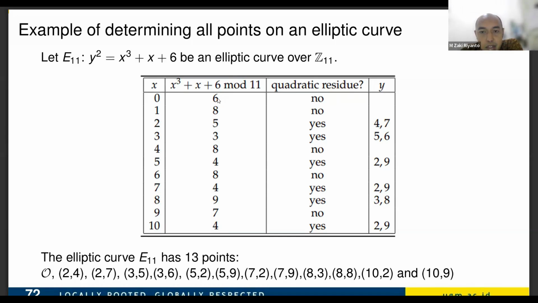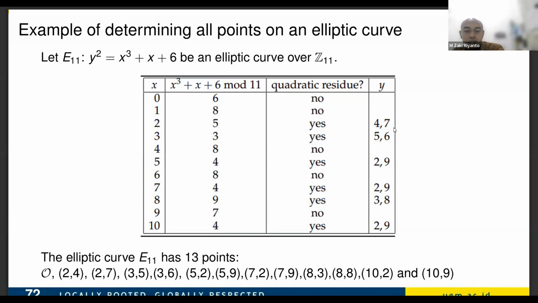Okay, 6 is no, 5 yes, because 4 squared is 5, and 7 squared is also 5. And 3 is also a quadratic residue because 5 squared is 3 and 6 squared is also 3.